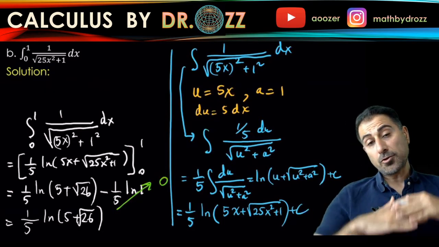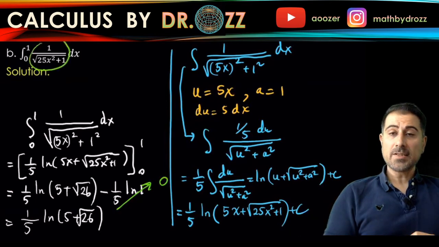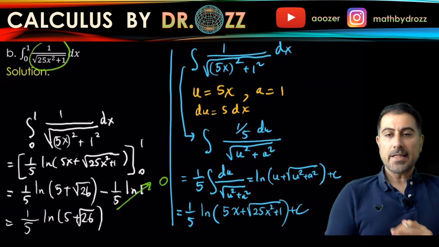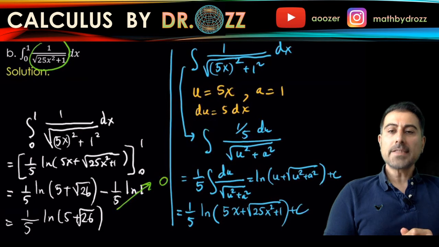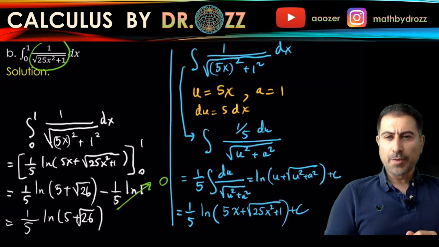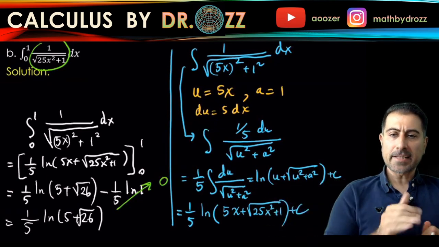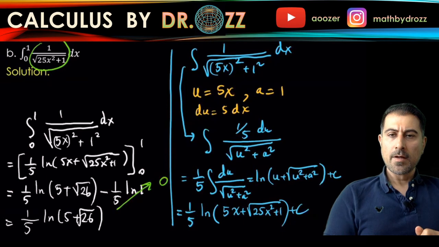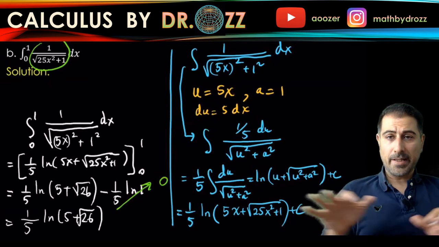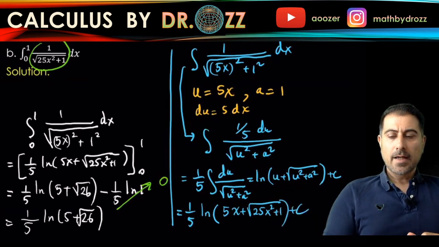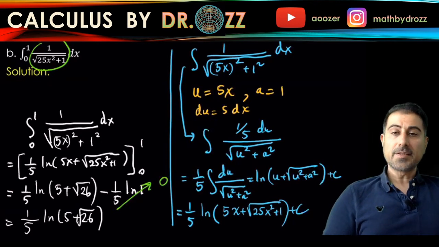So the graph of that should be above the x-axis. And please go ahead now with your TI-84, plot the graph of 1 over the radical of 25x squared plus 1. And you can put your x min to be 0, x max to be 1. And please pause the video at this moment and work through that. And what you're going to see in the graph is this.